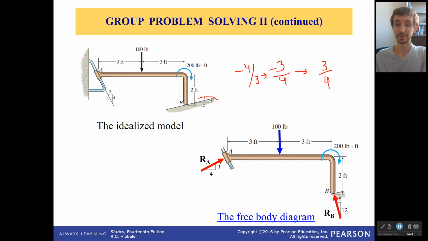And the same exact thing happens over here. We have positive 5/12. We flip it, and then multiply it by a negative 1. So we're going to be going down 12 and over 5, which is what you see happens right here. So both cases it works, and you get the answer.